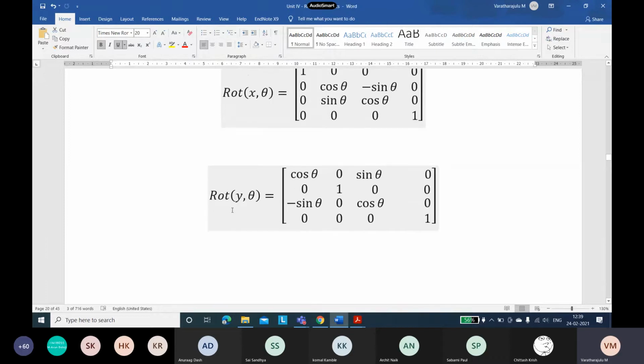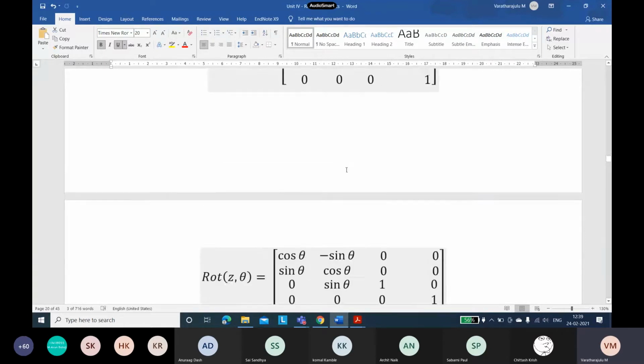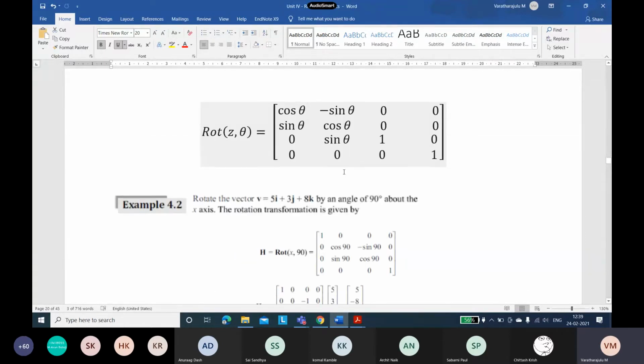In the y-axis case, the term a22 should be 1, and the rest in that particular row and column should be 0, and we need to rearrange the cos and sin theta. Similarly, in the case of Rz, the third row and third column should be 1, and the rest should be 0.